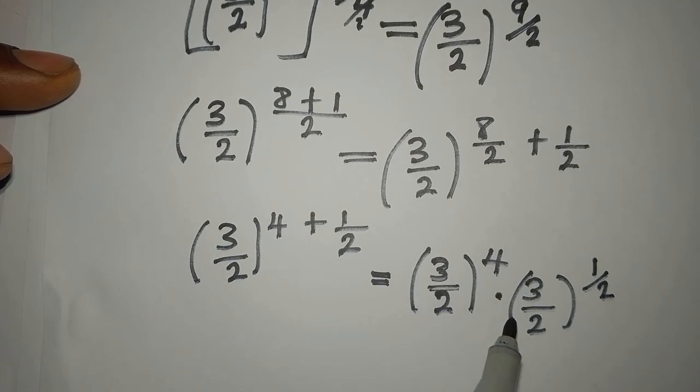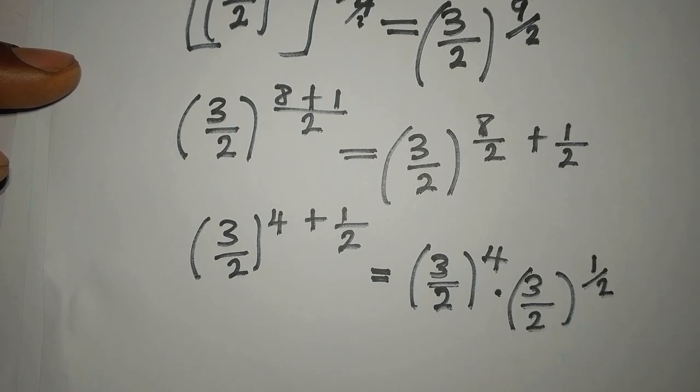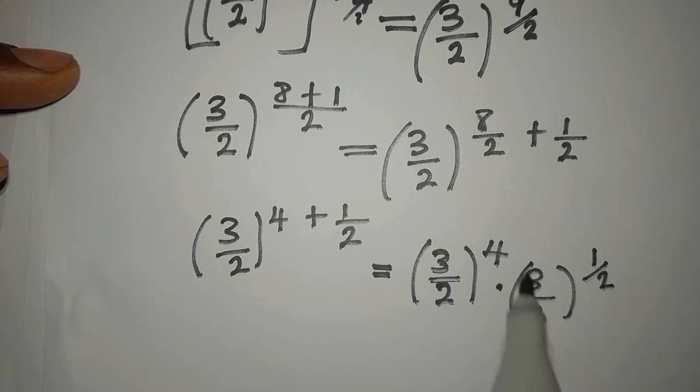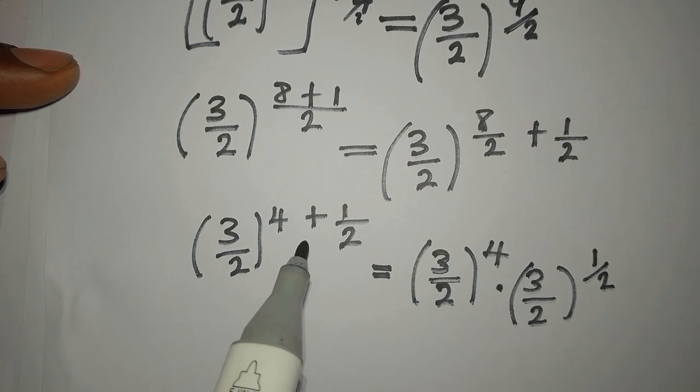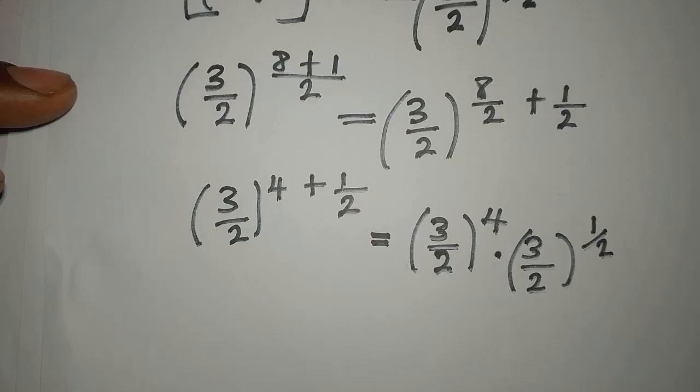Okay, this and this, do you think they are the same thing? Okay, they are the same, because if you obey one of the rules of indices, you have to pick one of these and add the powers. So that will give you this right back.